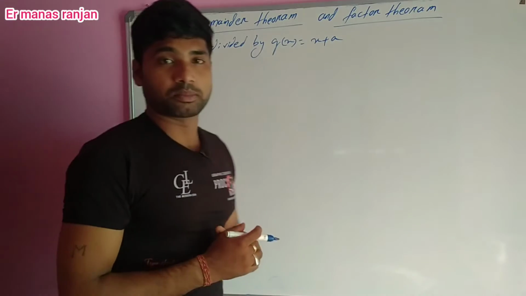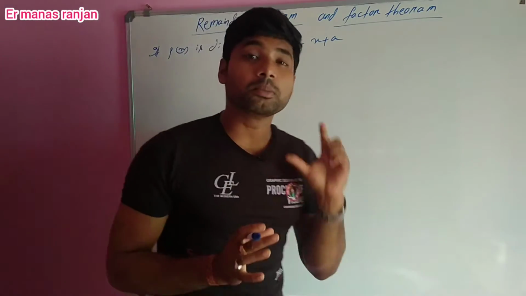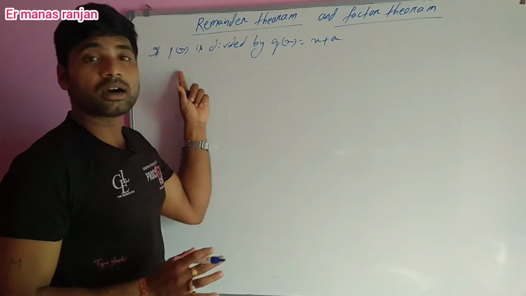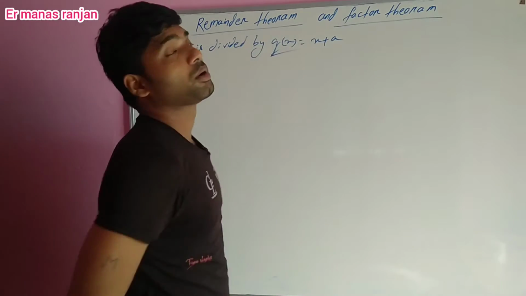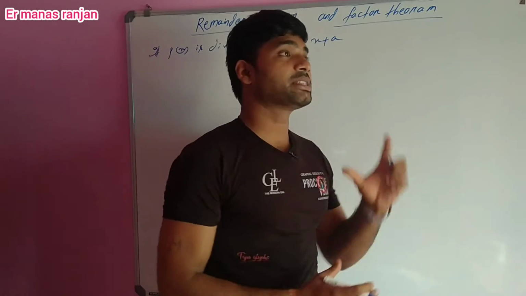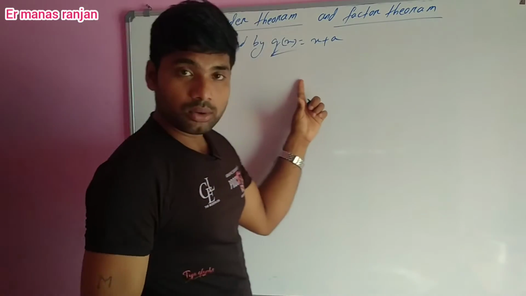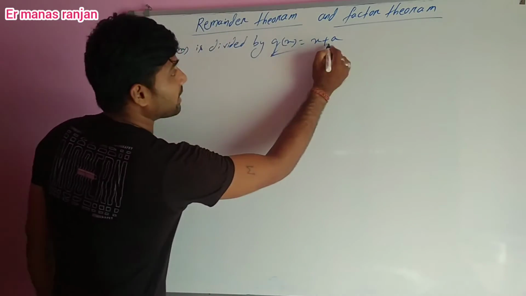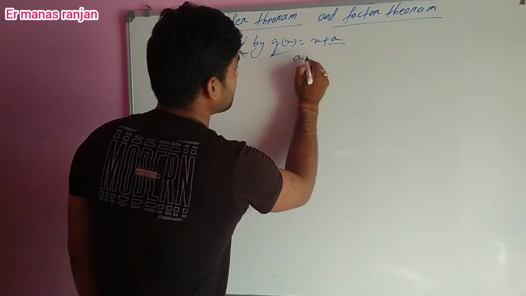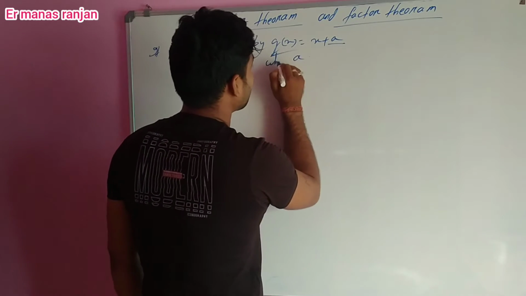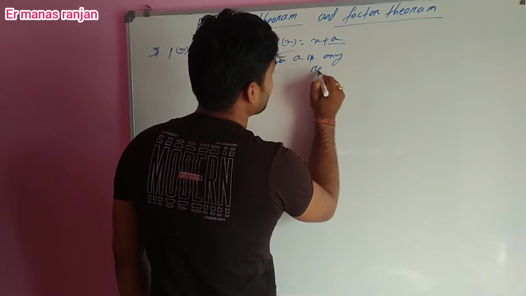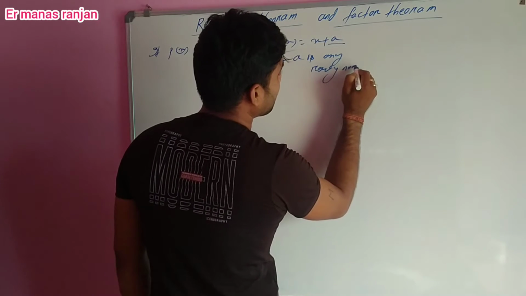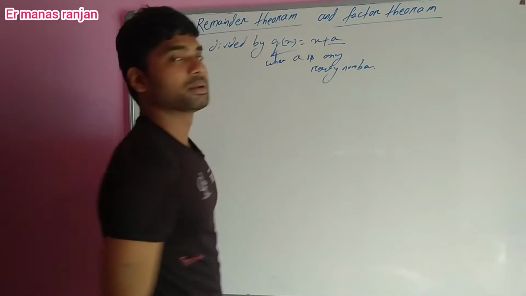P of x is a polynomial of degree more than or equal to 1, and Q of x is a polynomial whose degree is more than or equal to 1. And here a is any real number.